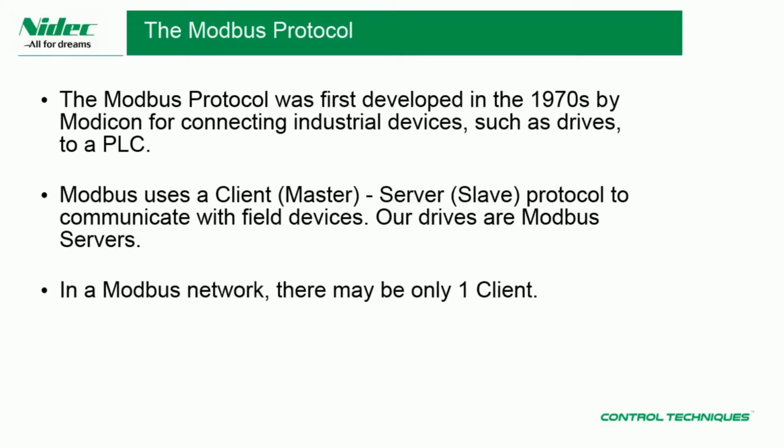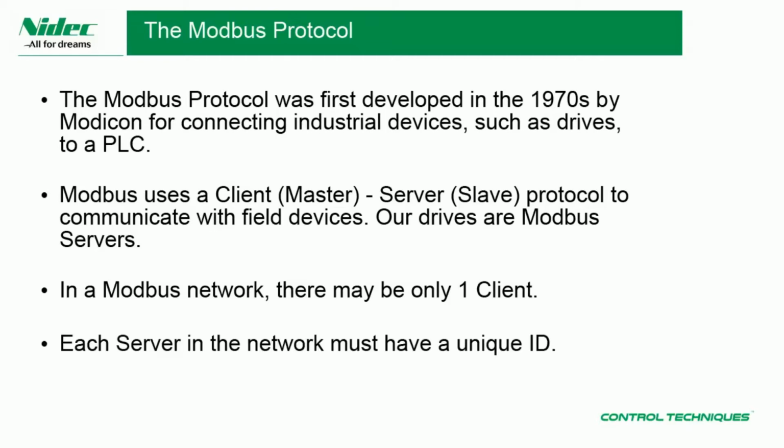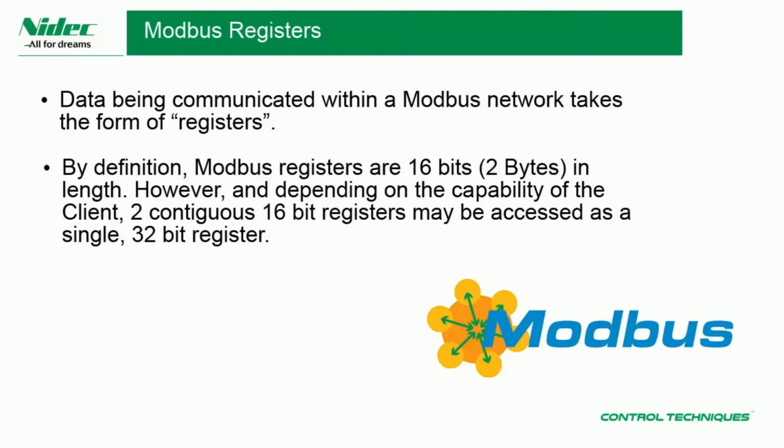In a Modbus network, there may be only one client or master. Each server or slave in the network must have a unique ID. Data being communicated within a Modbus network takes the form of registers. By definition, Modbus registers are 16 bits in length.